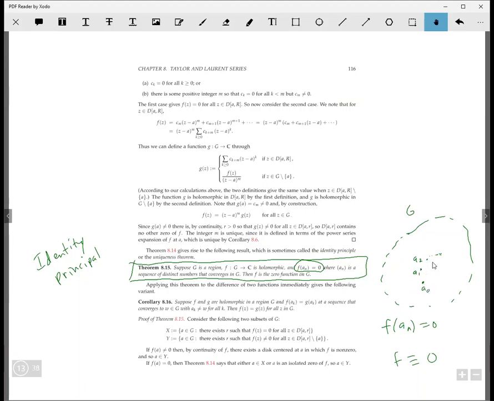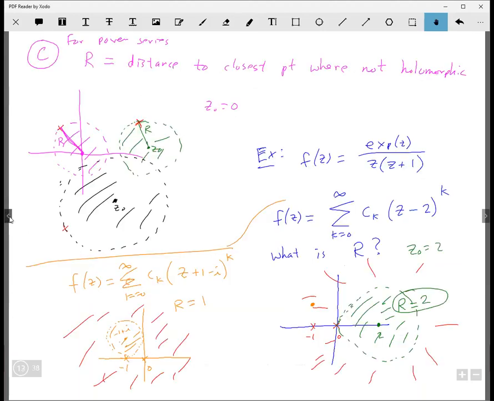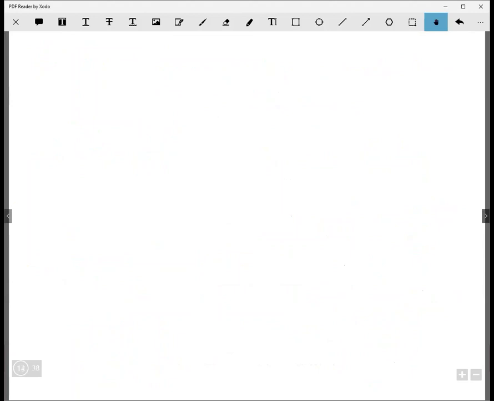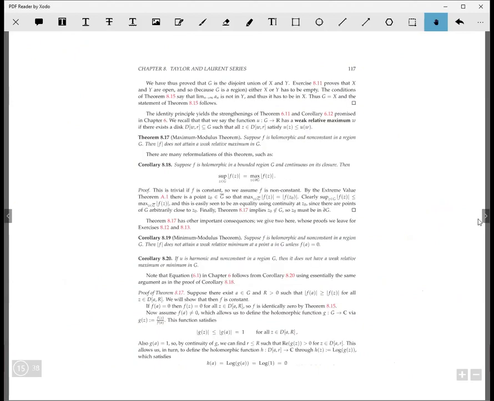If you have infinitely many zeros in this compact place, then your function has to be identically the 0 function. That's the identity principle. We have talked about other things. So let's see, where are we now?